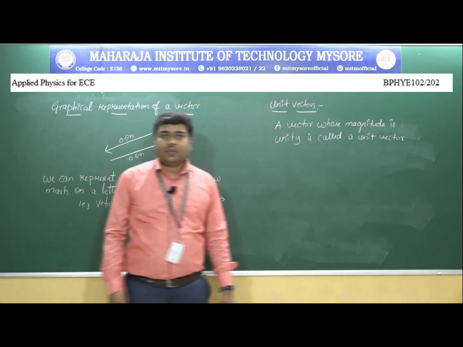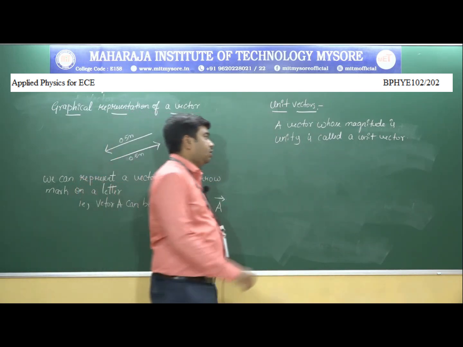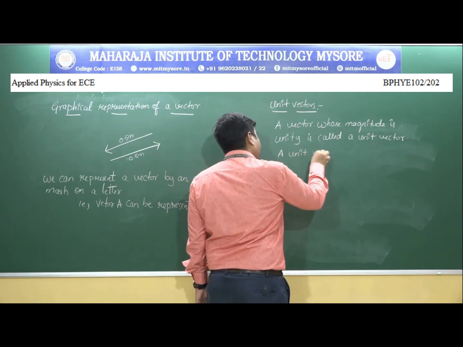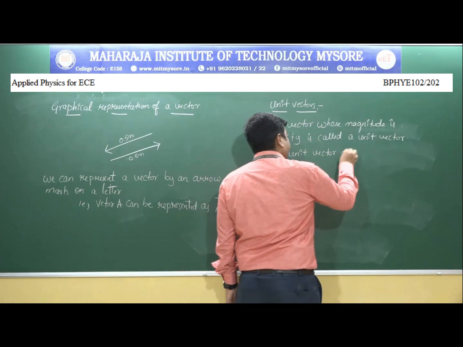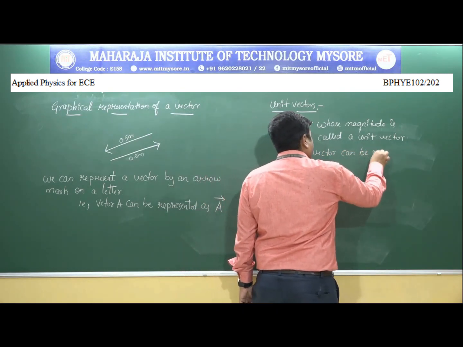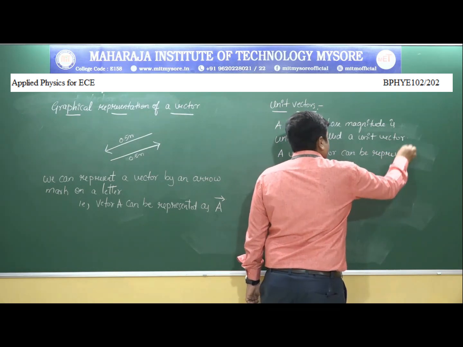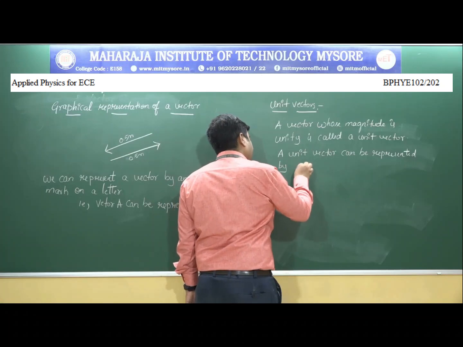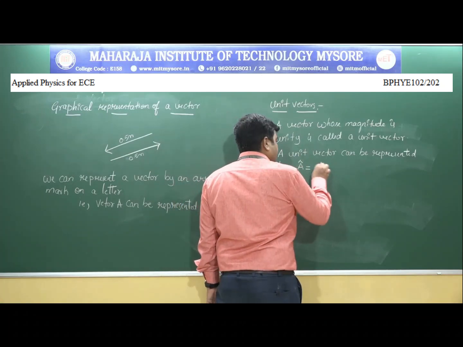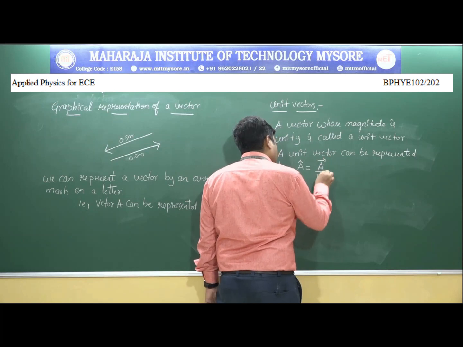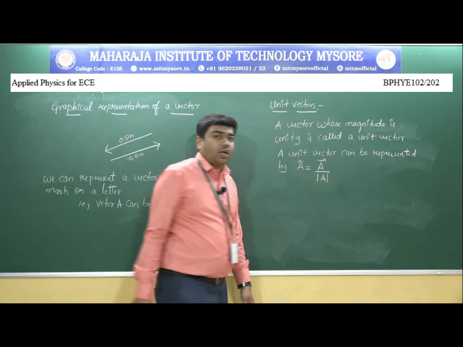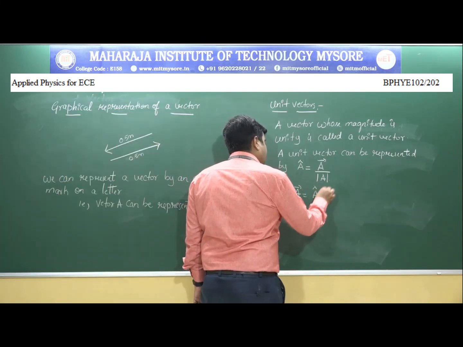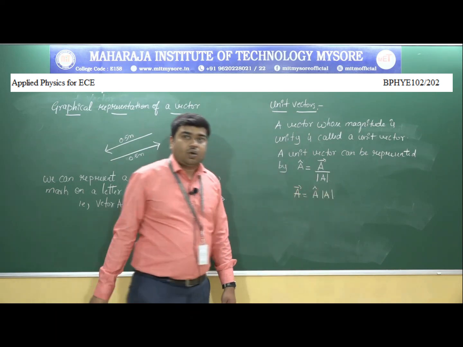A unit vector can be represented by vector A divided by magnitude of A. Vector A is equal to A cap into magnitude of A. Okay.